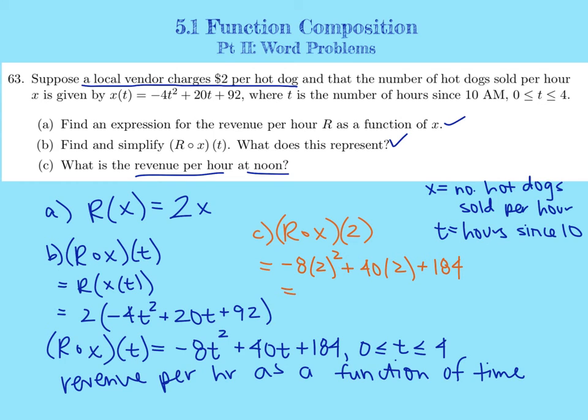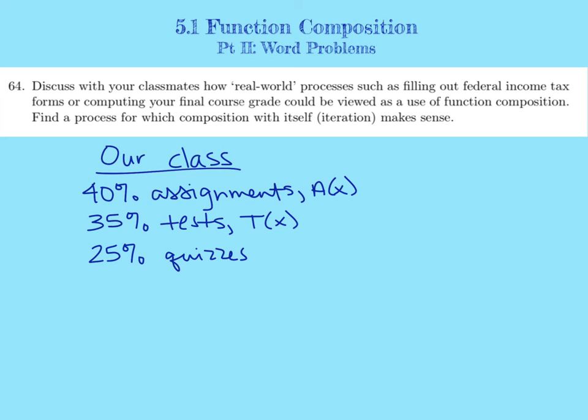Simplifying, we'll have negative 8 times 4, then plus 80 plus 184. This gives us $232. That means that the revenue per hour at noon is $232.